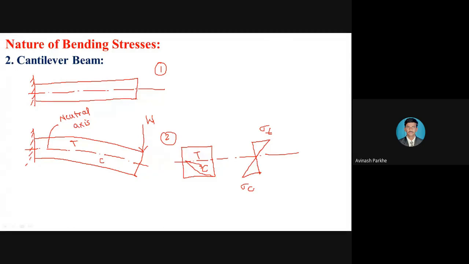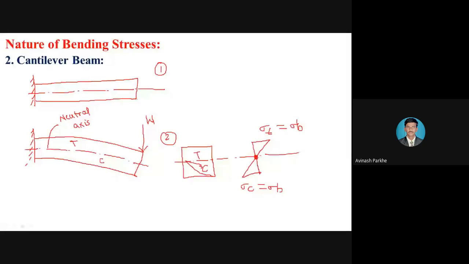Therefore, at the top portion and at the bottom portion of the cantilever beam, again, the bending stress is maximum. This sigma T means your sigma B. Sigma C means also your sigma B. But at the center point, your bending stress is equal to 0.